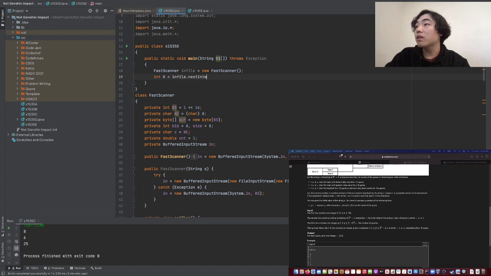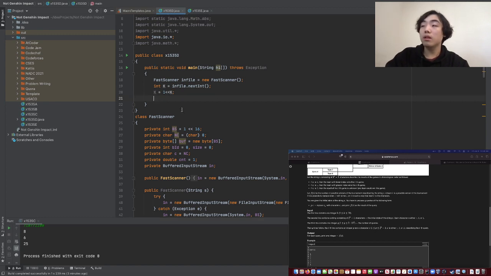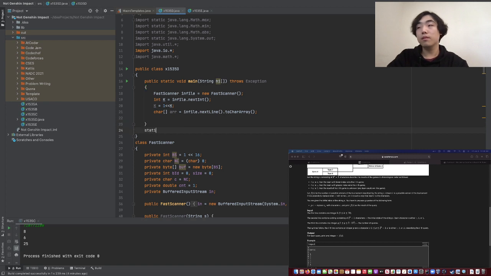And file that next int. K is equal to 1 left shift K. Okay. And then we do queries. So this is where we build the seg tree. So we have the static and the seg tree.